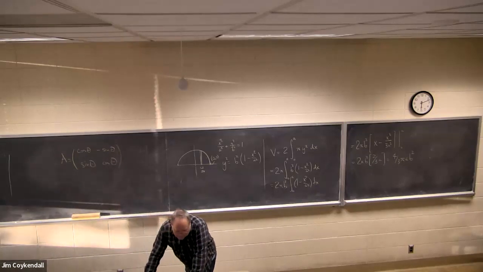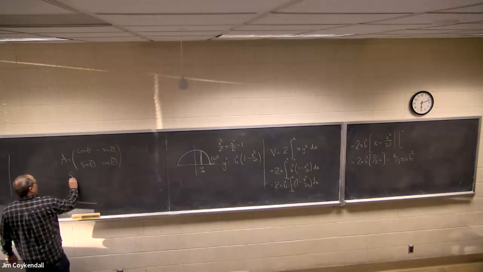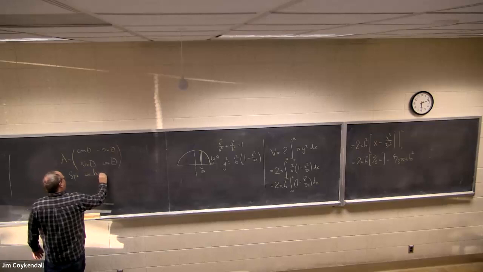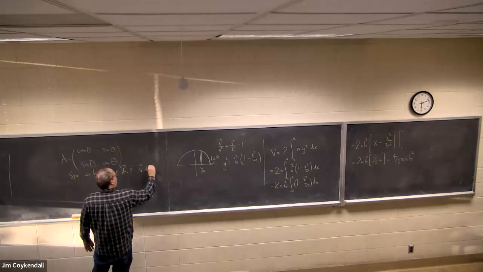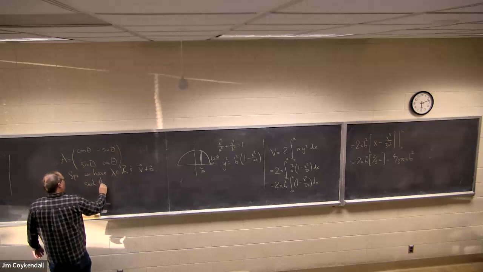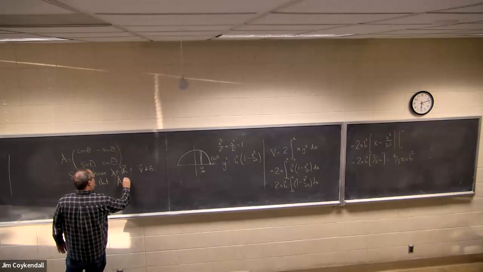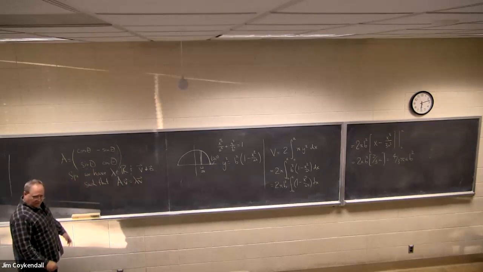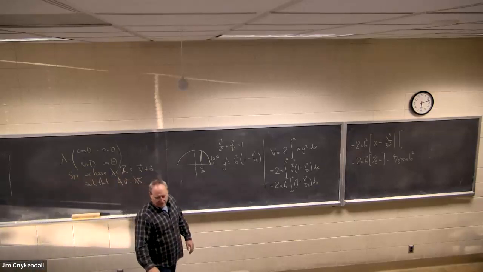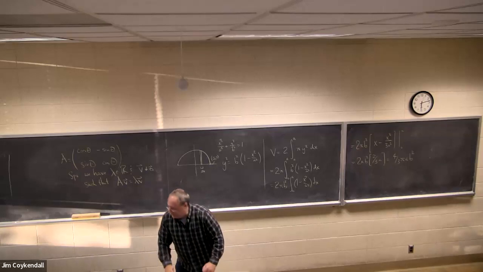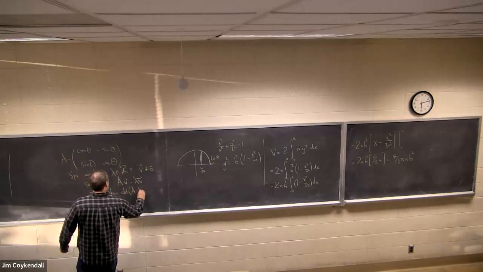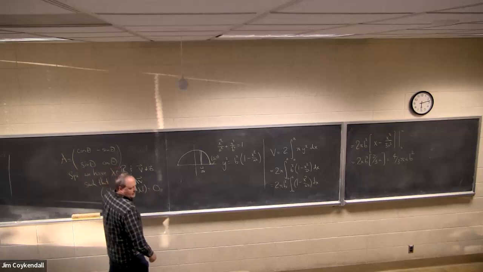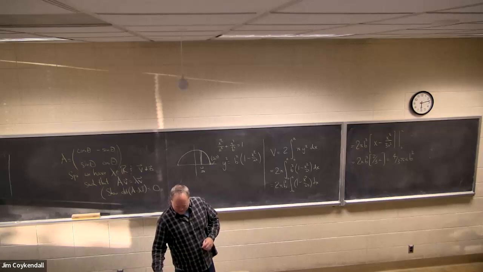So that was the matrix A. Suppose there's a real number lambda and a non-zero vector B such that AB equals lambda B. What the problem asks you to do is to show that the determinant of A minus lambda I is 0.